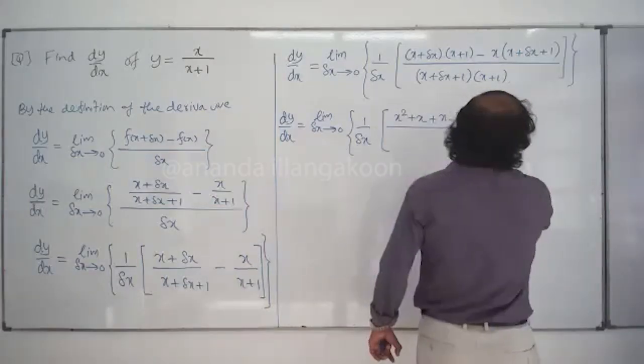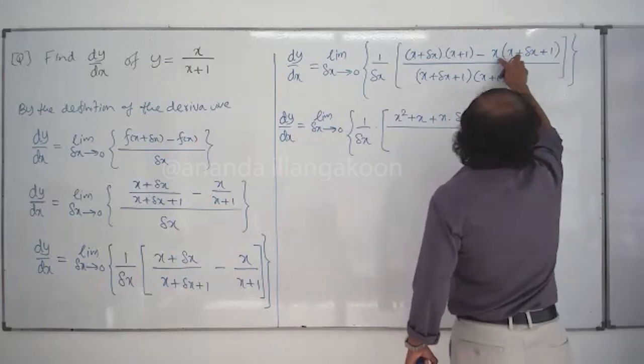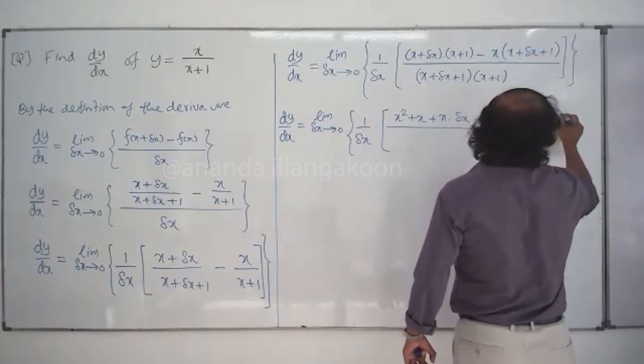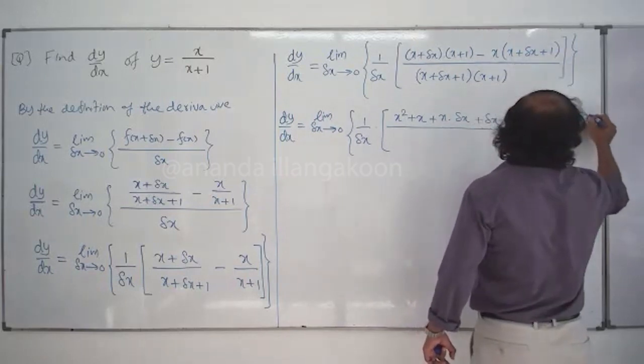Here, x and x squared minus x squared, x and delta x minus x into delta x, and 1 minus x.